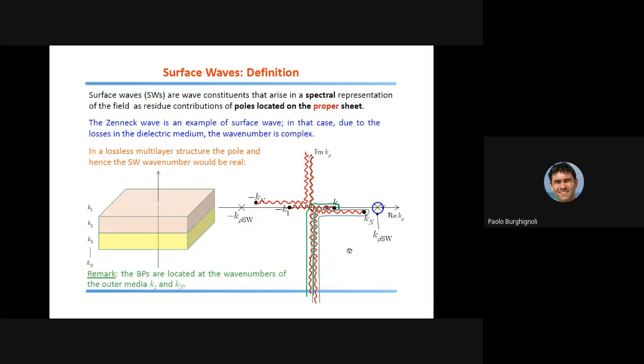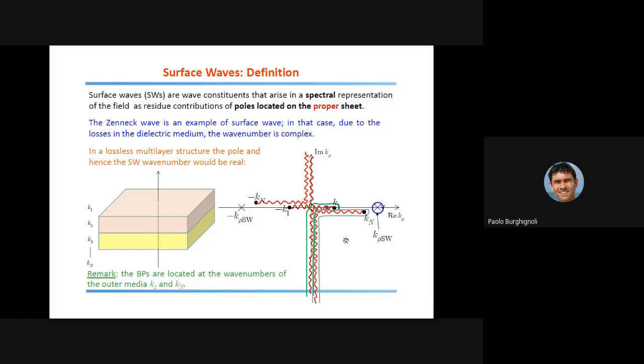One example is the Zenneck wave that we already encountered. In that case, since the dielectric medium in the lower half space was lossy, the wave number was complex, so the pole would not occur on the real axis, but instead in the fourth and second quadrants of the complex plane.